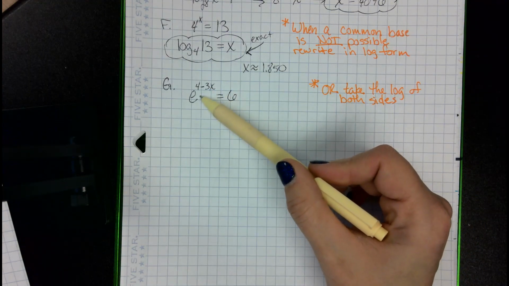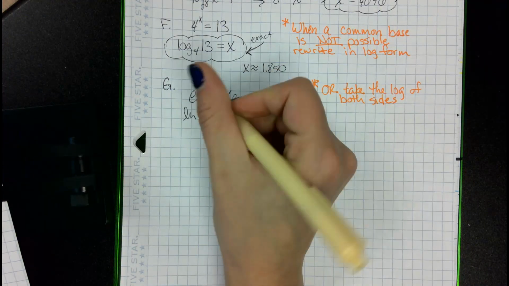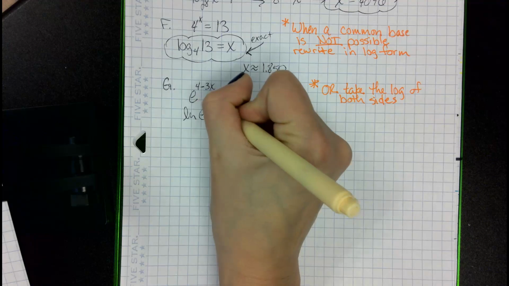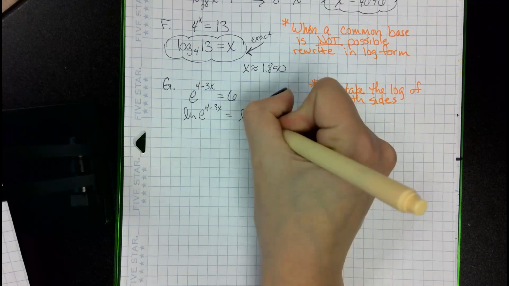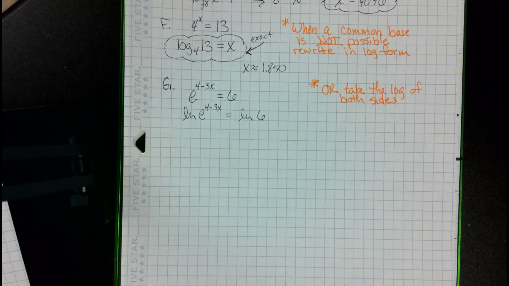So that tells me I want to use a log base e. So the natural log, so I'm going to do ln of e to the 4 minus 3x equals the natural log of 6. So ln e to the 4 minus 3x equals ln 6.